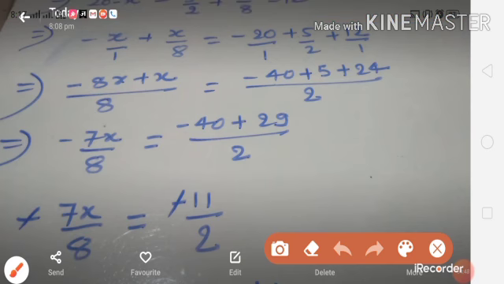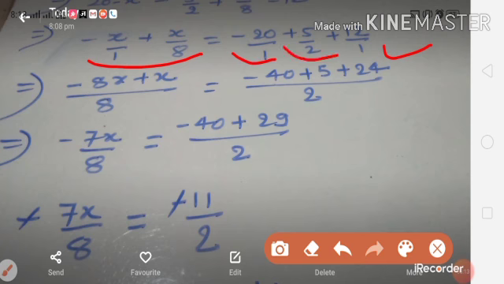You can see that before the equal sign we keep minus x and plus x by 8 without changing the sign, and here you see minus 20, because 20 is before equal, so we change its sign, and minus 5 by 2 from the previous line, so we change its sign and it becomes plus 5 by 2, and 12 without changing the sign.